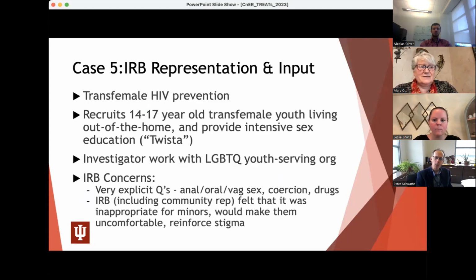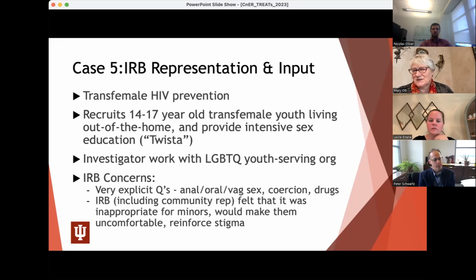So, number 5, IRB representation and input. A colleague of mine in Chicago does a lot of work in HIV prevention, and has worked quite a bit with trans youth. He was looking at trans female HIV prevention. There was a CDC grant that came out, and he wanted to adapt an adult HIV prevention intervention called SISTA, and he called it TWISTA.